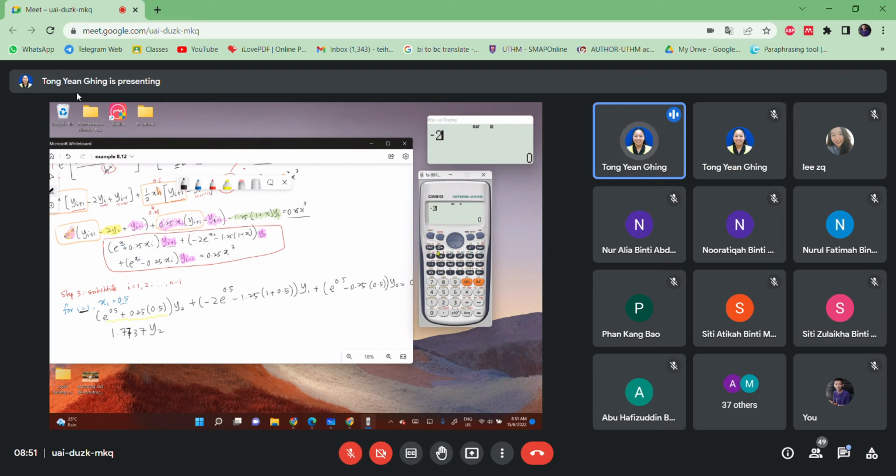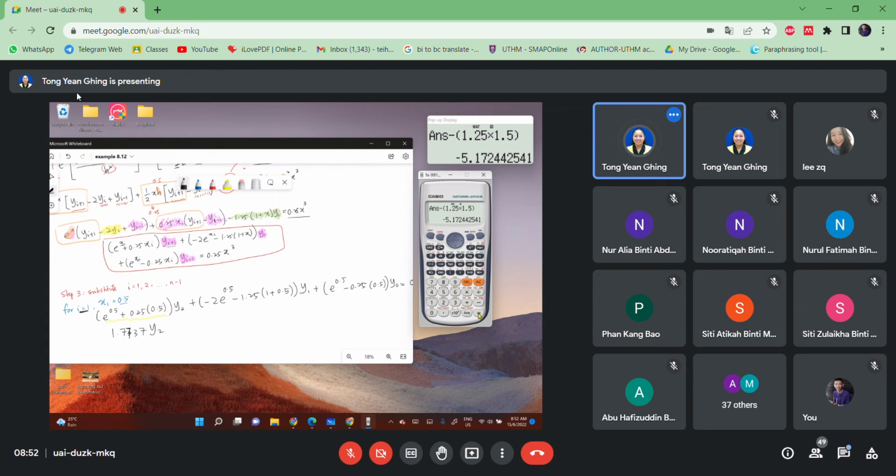Negative 2, 0.5. Saya tambah dengan minus 1.25 times with 1.5. 1 plus 0.5 kan?